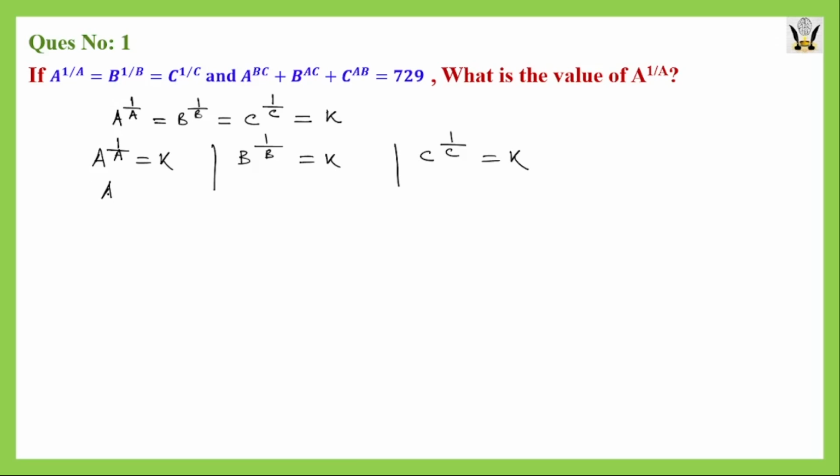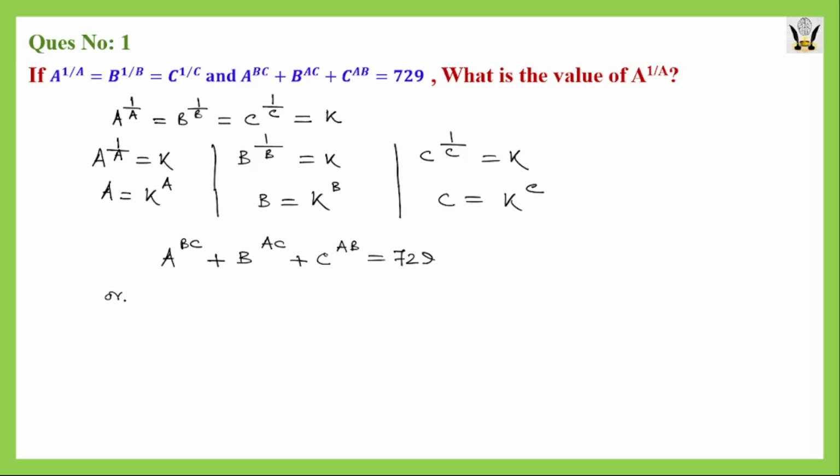So from here, can't we write that a is equal to k to the power a? We can, right? Now b will be equal to k to the power b, and likewise we can write that c will be k to the power c, and there is one more condition that we will use now.